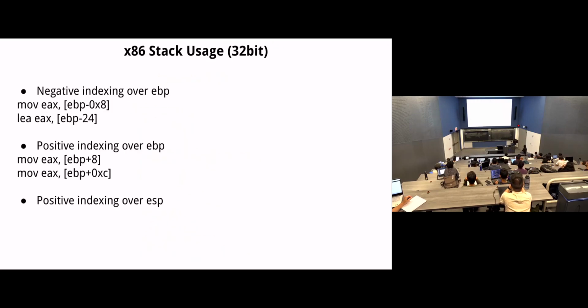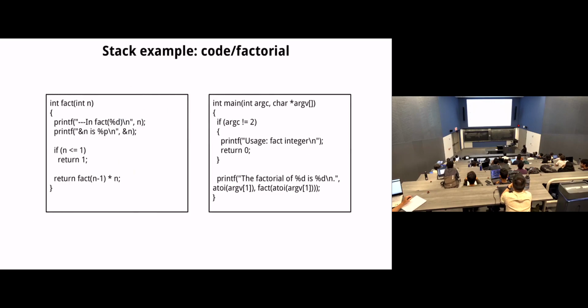Anyway, let's see one concrete example first. This program calculates the factorial of a number. This is the main function. We want argc to be 2, which means we want you to input something.